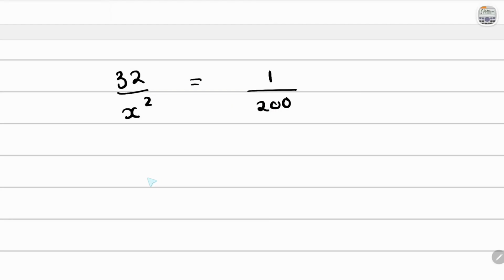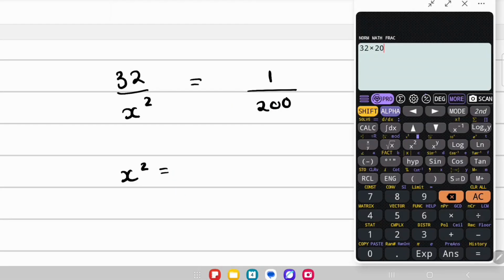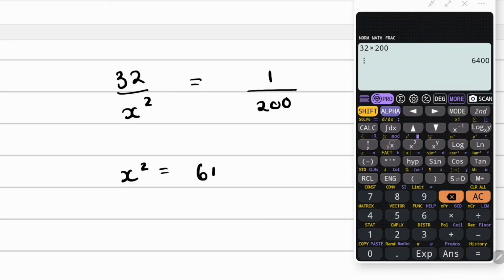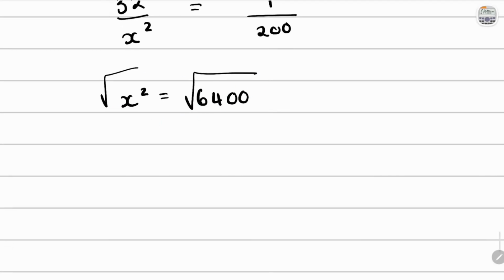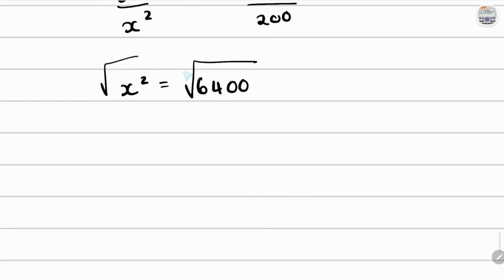You could cross multiply, and that's going to be x squared is equal to 32 times 200. Okay, 64. So that's going to be 64, and it is 6,400. And then if you square root both hand sides, we know that the square root of 64 is 8, so this would be 80. Of course it's the positive and negative.